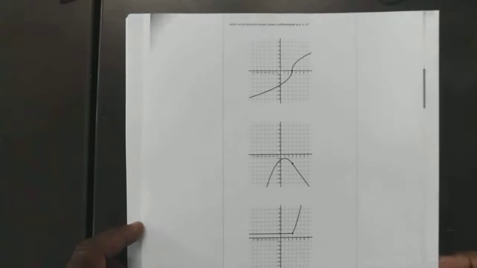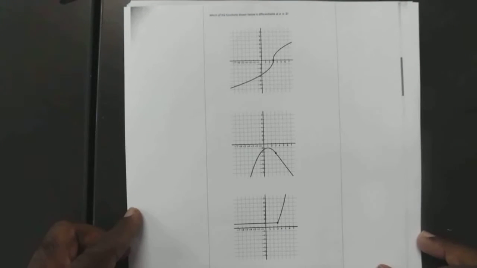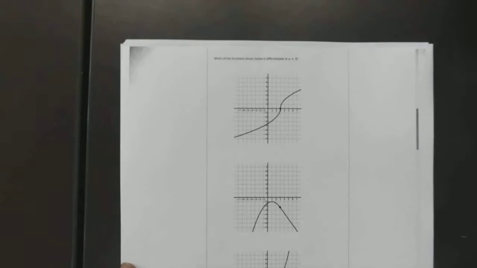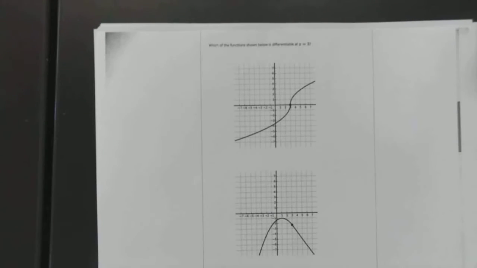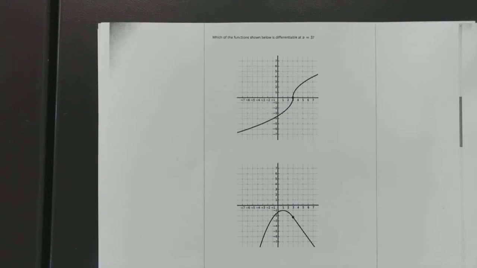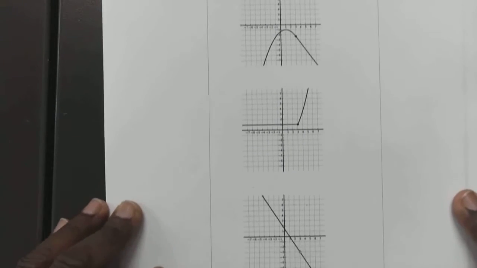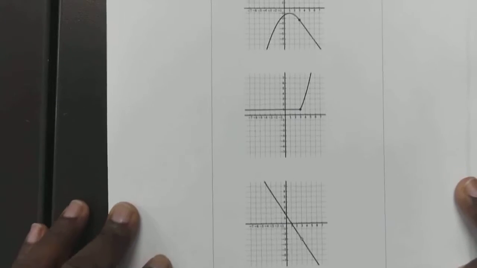Okay, so it had to do a lot of shrinking, so I'm not sure. There we go. Okay, so which functions are differentiable at x equals 3? And they actually have those 4.